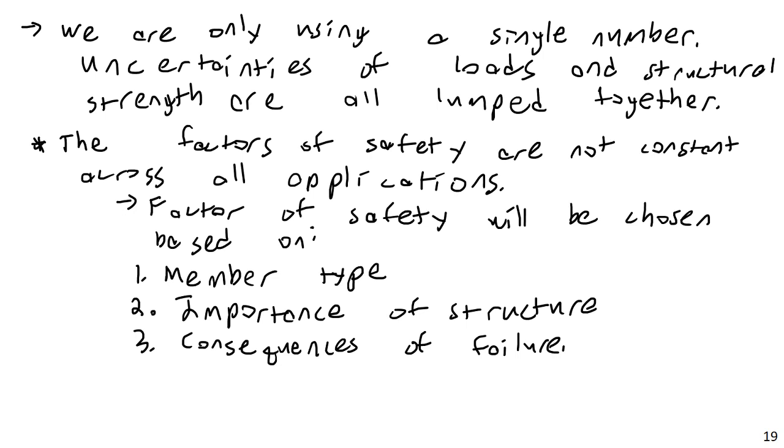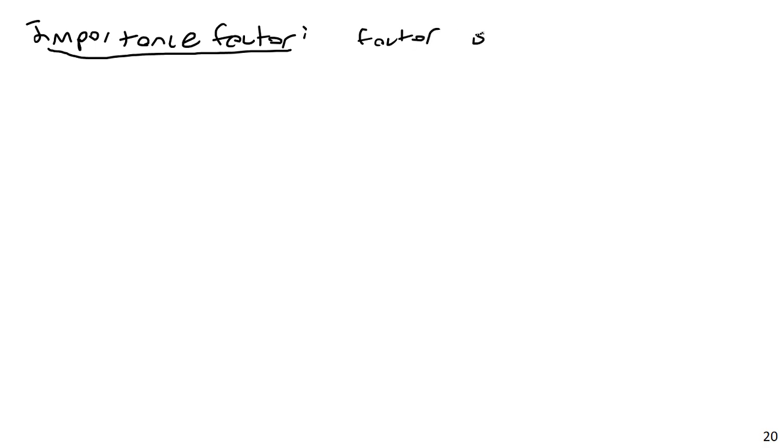So, there are some buildings, maybe I'll even mention this over here. Importance factor is a factor of safety that can be applied to loads based on the type of structure. That usually just increases loads based on the type of structure.